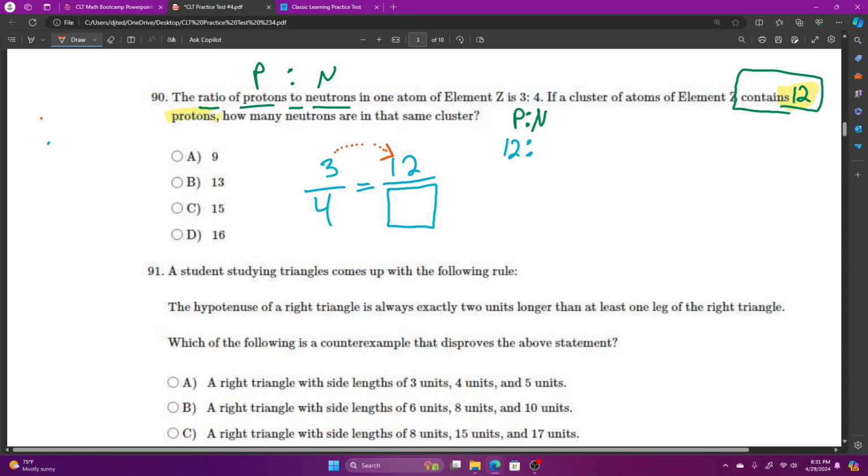How does our 3 turn into the 12? 3 turns to 12 by multiplying by 4, and whatever happens on the numerator has to happen to the denominator, and 4 times 4 is 16 neutrons for 12 protons.